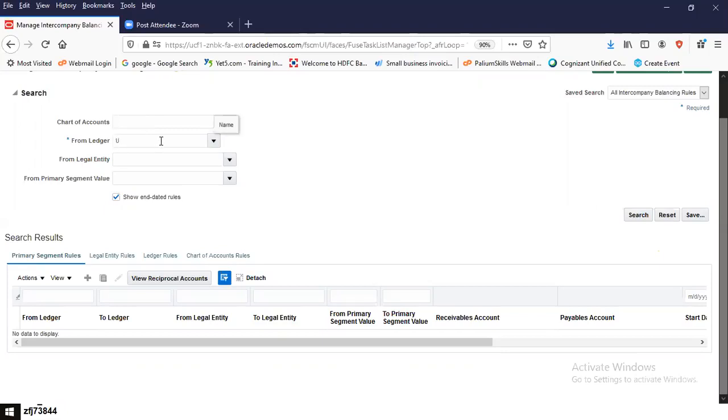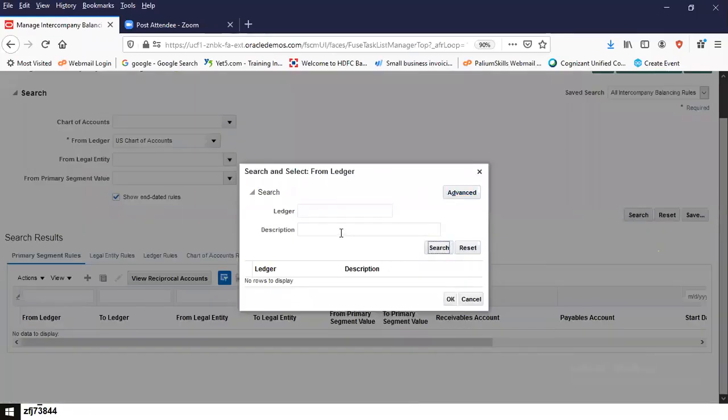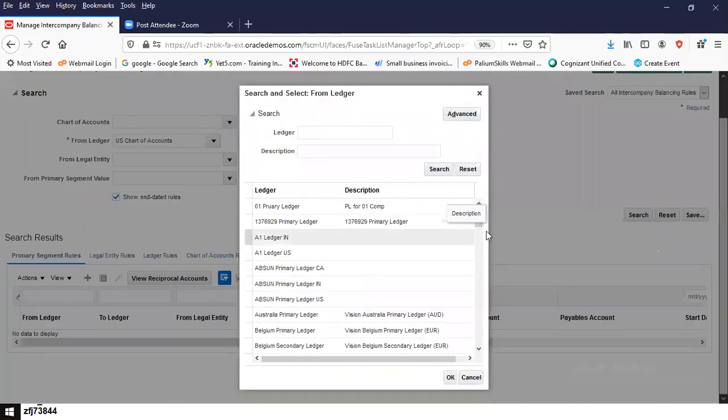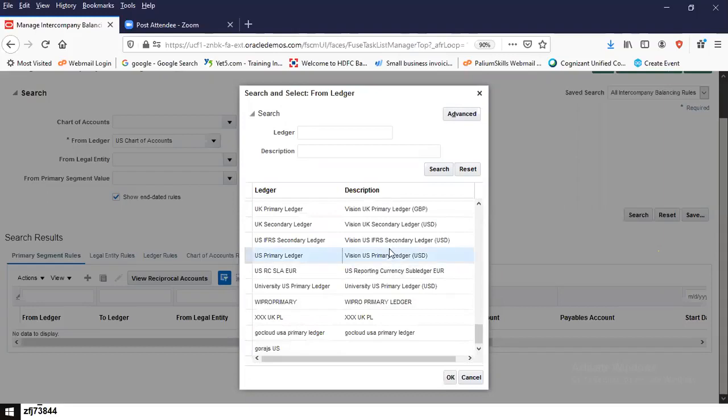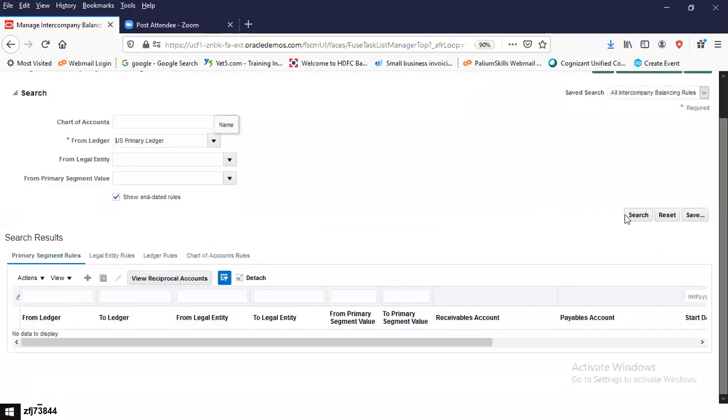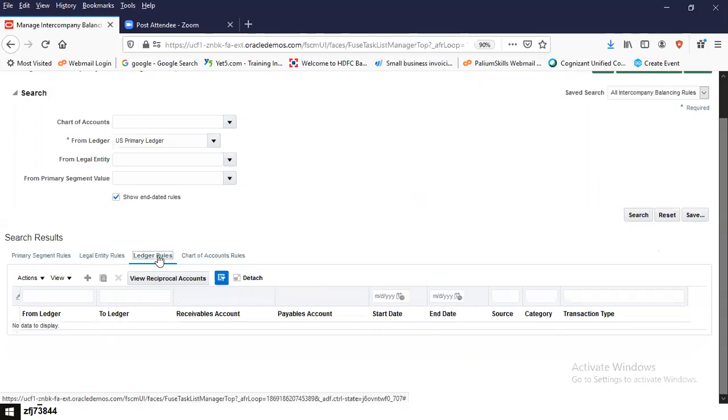So let's say we want to see US. For a particular ledger, you could have specific ledger rules.